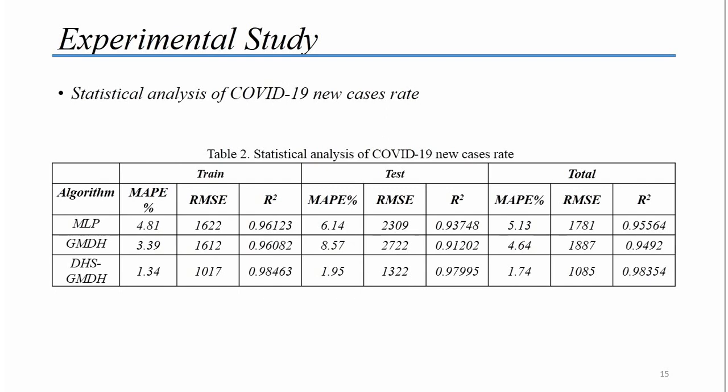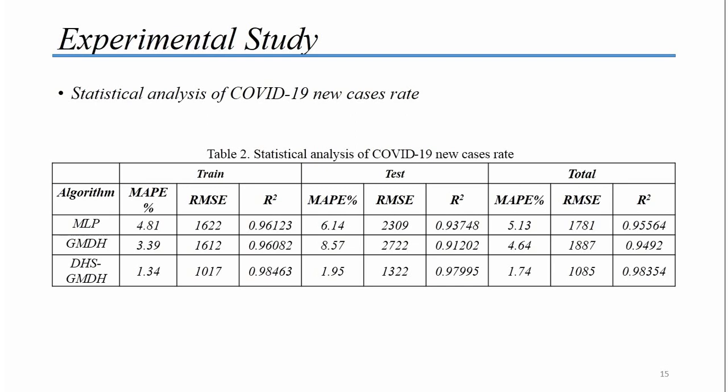Statistical analysis of COVID-19 new cases rate. The experimental results for the new cases rate of the COVID-19 pandemic in Iran are presented in table 2. In terms of MAPE, RMSE, and R2 for the train and test data, it can be seen that the proposed DMHS-GMDH algorithm outperforms the MLP and original GMDH methods.